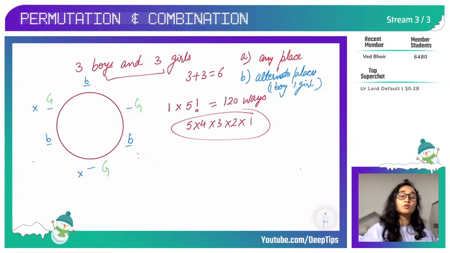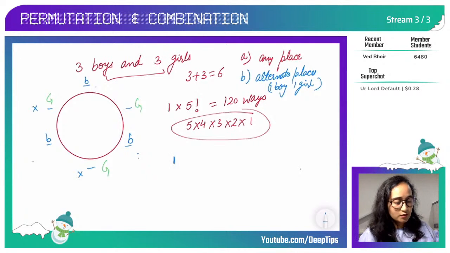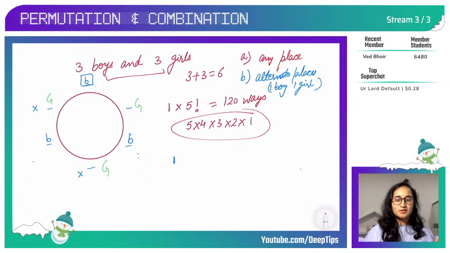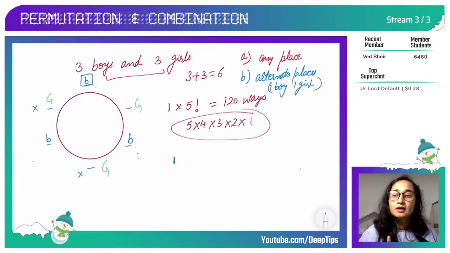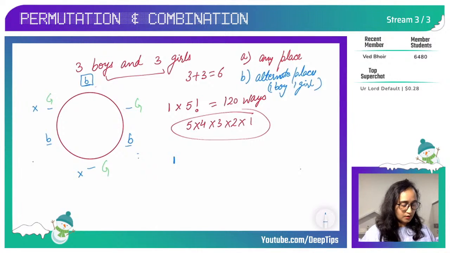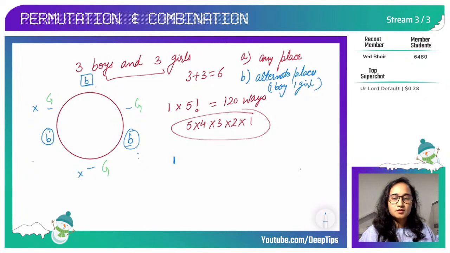But how do we do it if we have a huge number? So I'll just solve this. First, I have fixed 1 place for the boy. Suppose the first boy, wherever he sits, that place is fixed for that boy. He has only 1 place to choose, because when others are not there, only 1 boy has arrived. Now the remaining 2 boys have only 2 options, 2 places to choose.